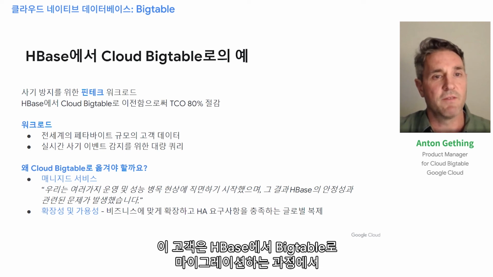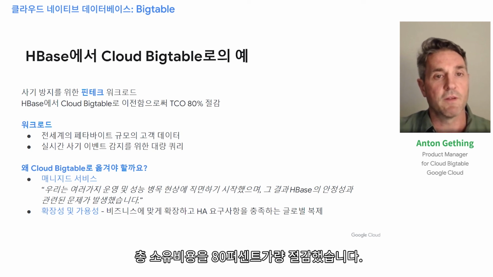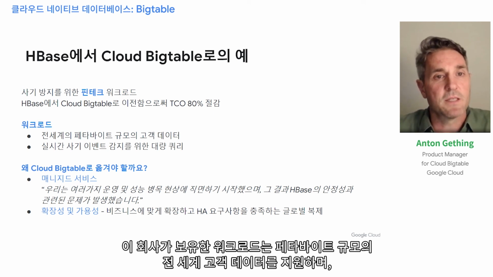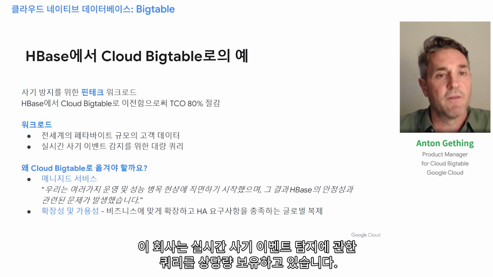As an example, we have a financial technology customer who has a global presence for fraud detection. This customer saved 80% on their total cost of ownership in moving from HBase over to Bigtable. The workload that they have supports petabytes of customer data from around the globe, and they have a high volume of queries for real-time fraud event detection.